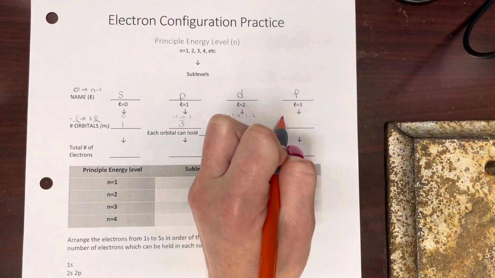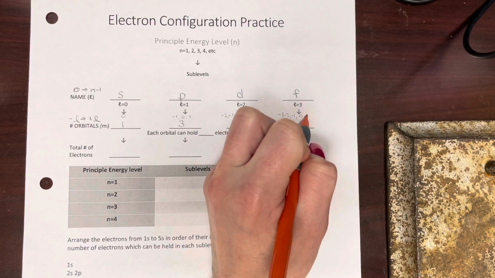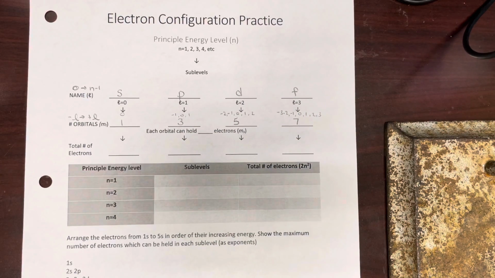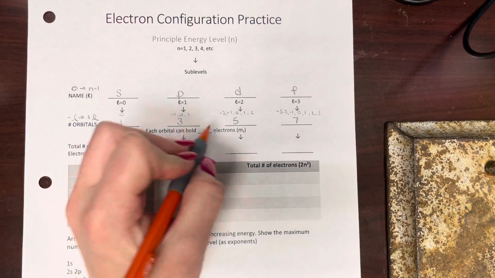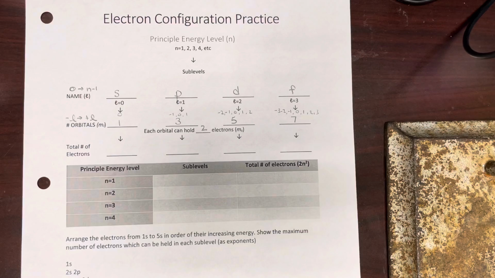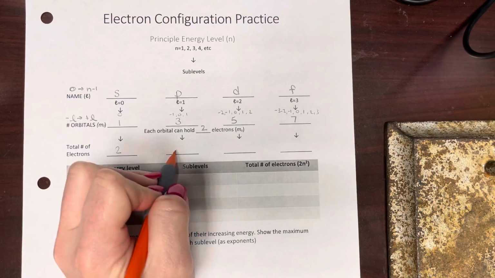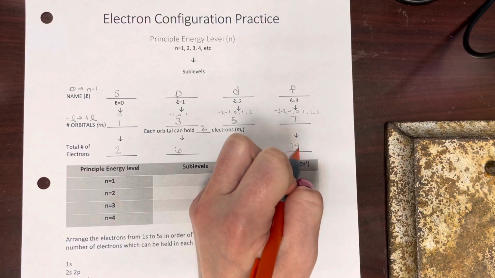For F: negative 3, negative 2, negative 1, 0, 1, 2, 3, a total of 7 numbers. Each one of these orbitals can hold 2 electrons. So an S can hold 2 electrons, a P can hold 6, a D can hold 10, and an F can hold a total of 14.